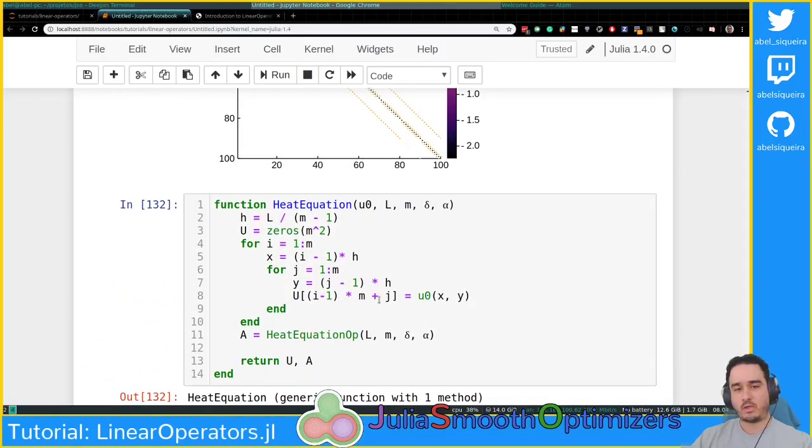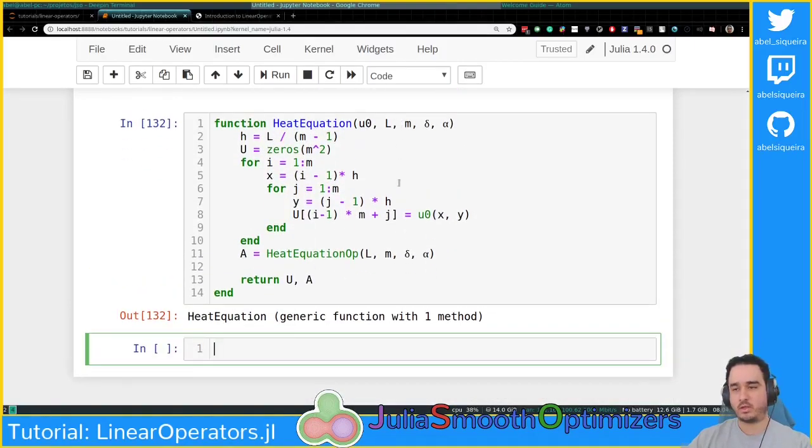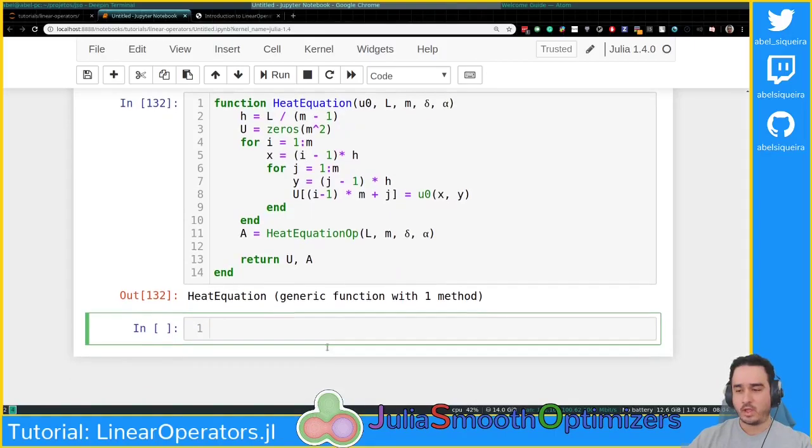Okay, so say you have a heat equation that you want to solve, and you know that the starting value is something like 16 times x times (1 minus x) times y times (1 minus y).